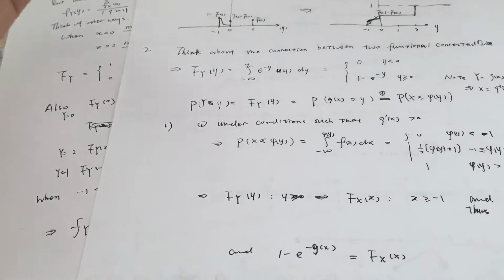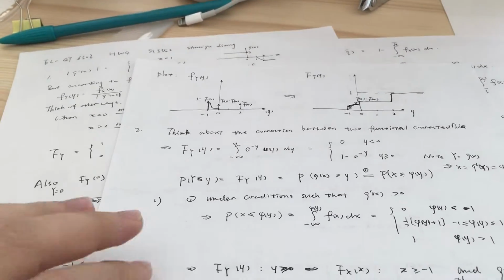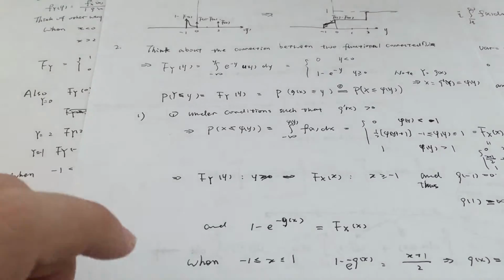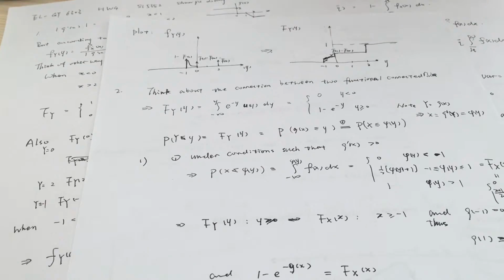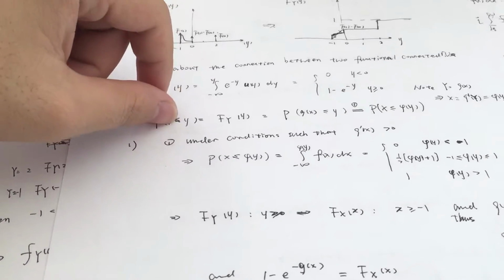That gives us a clue about the going-down case. The first condition is that g(x) is always rising, and the other condition is that g(x) is always going down.